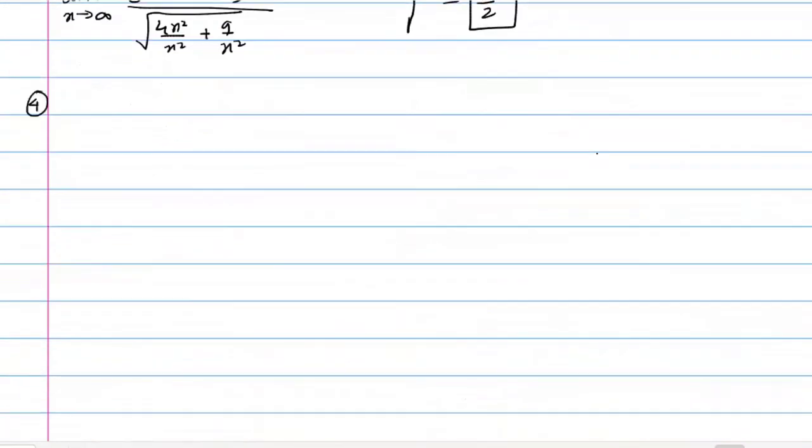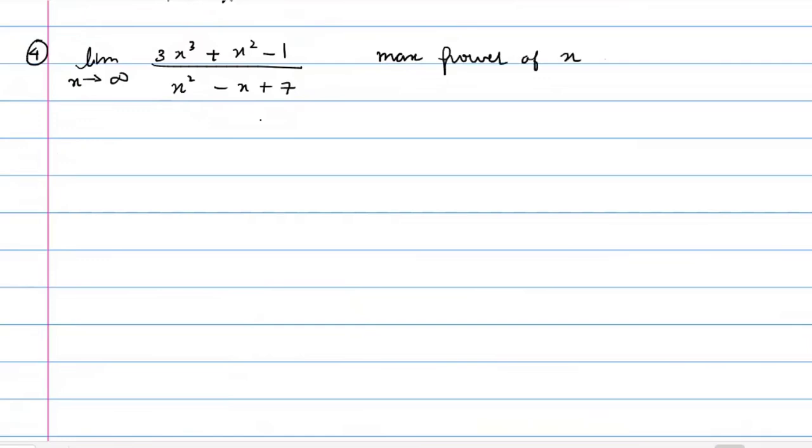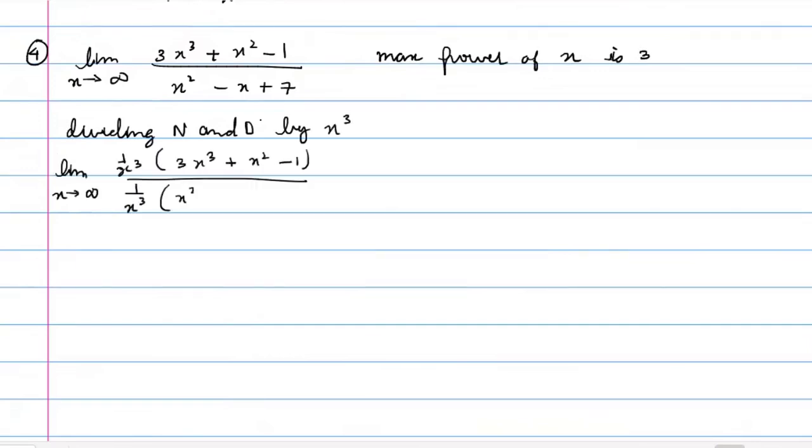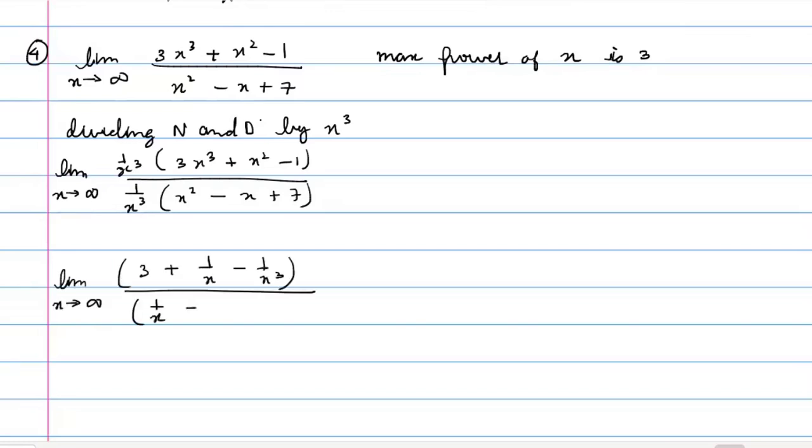So let us try one of the questions. Max power of x is 3. So this is 1 upon x, this is 1 upon x square, this is 7 upon x cube.